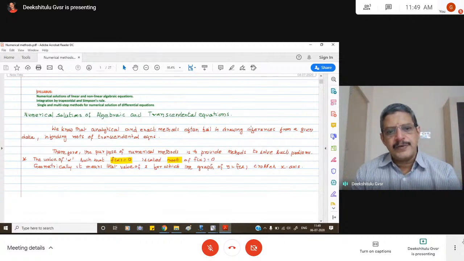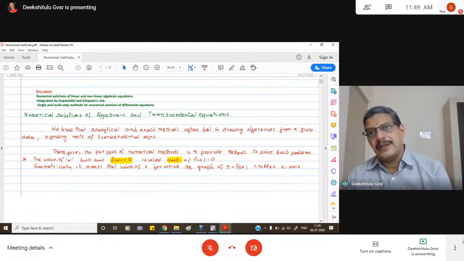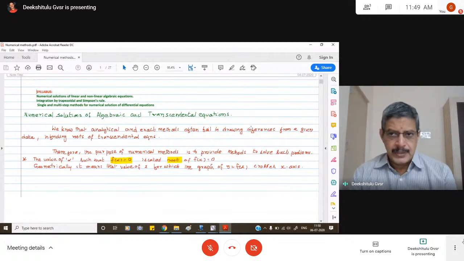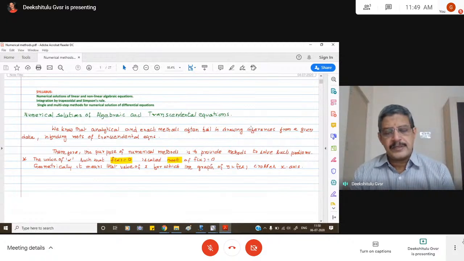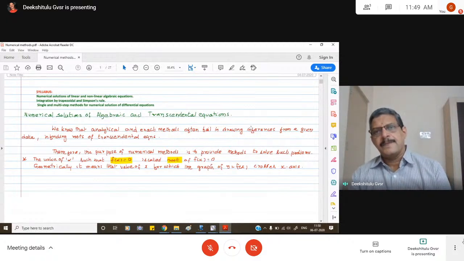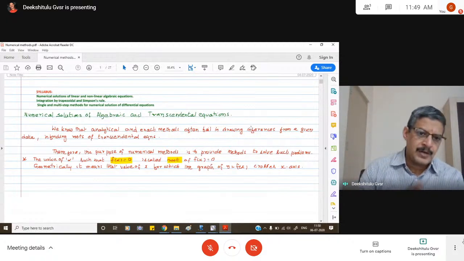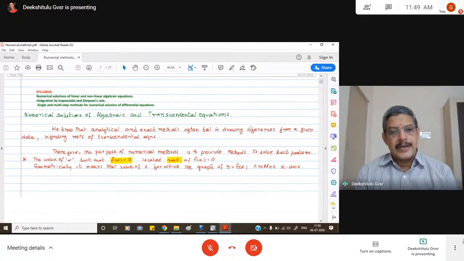For numerical solutions of linear and non-linear algebraic equations, there are many methods for solutions of non-linear equations, and many other methods for solutions of linear equations. Linear equations means simultaneous equations. So we have Gauss elimination and Gauss Jordan methods. Because we have already discussed these methods in linear algebra, I am not throwing light on that.